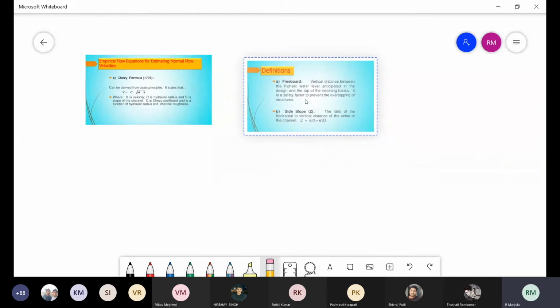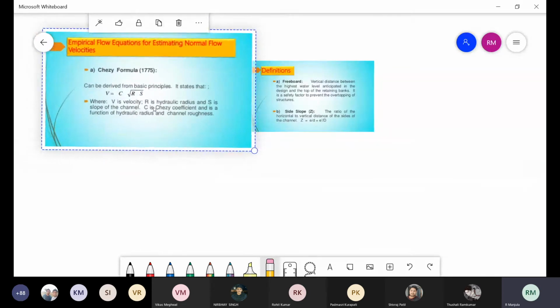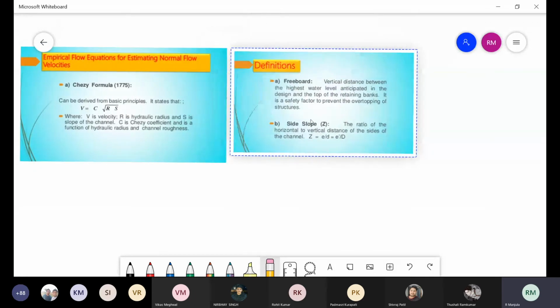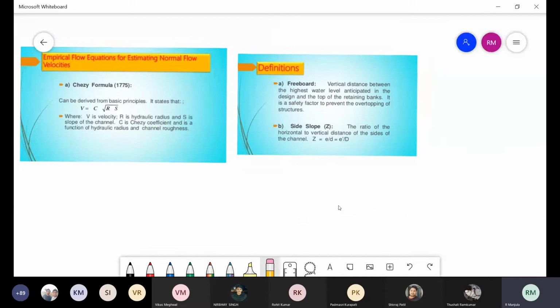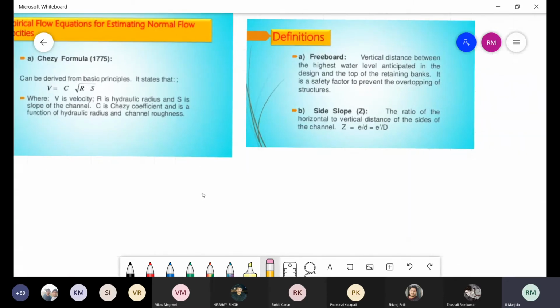Then the other parameters are the flow, velocity of the flow, and freeboard and side slopes. These are the other parameters of the channel. So Chezy's formula, I think it is already a repetition for you.